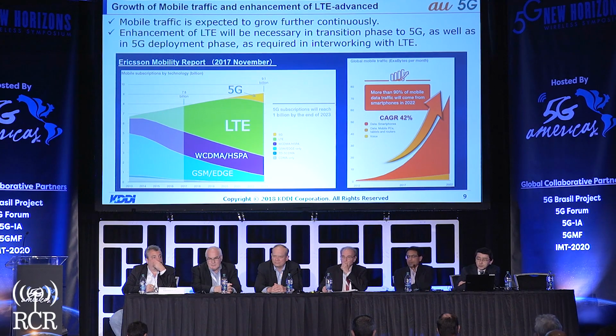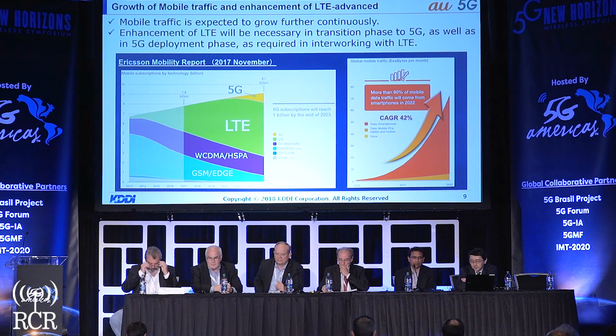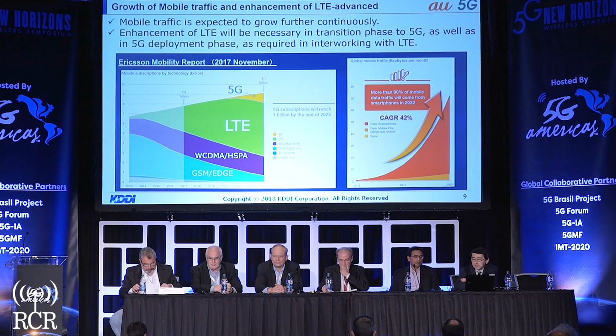In addition, you may notice from the left-hand side diagram that toward 2020, and even after 5G launch in the year 2020, 4G is expected to play the key role to accommodate mobile data traffic for some time. So in that sense, not only NR, new radio, but also 4G enhancement will be necessary and very important to accommodate traffic efficiently.